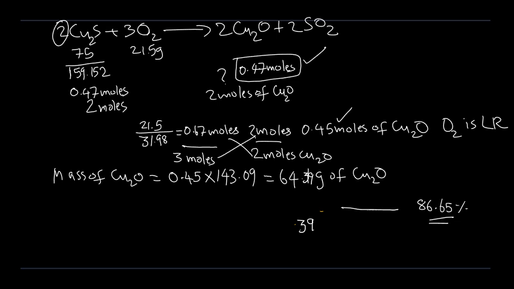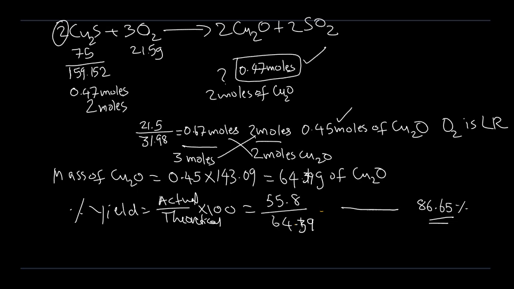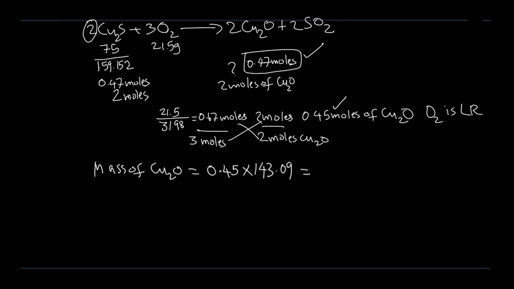So that's the mass. And now we can find the percentage yield using the formula: actual yield divided by theoretical yield times 100. The theoretical yield is 64.39 grams of copper 1 oxide formed or calculated.